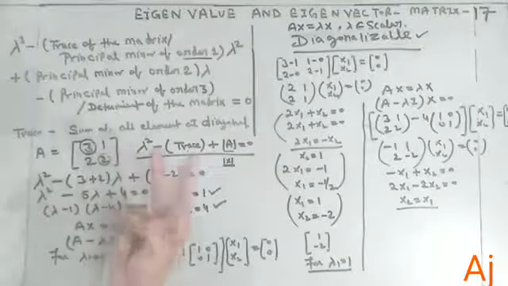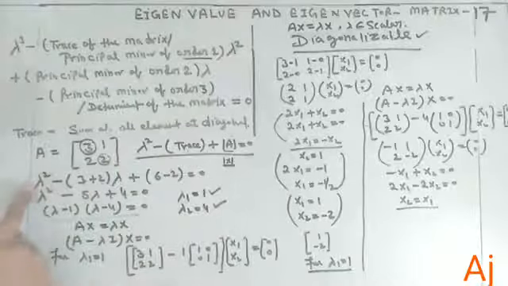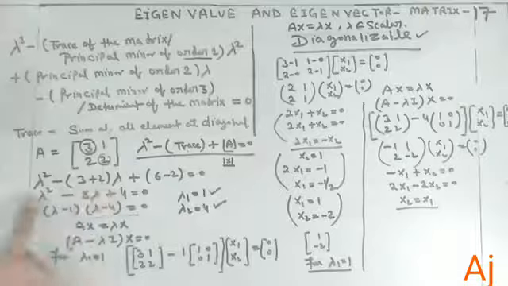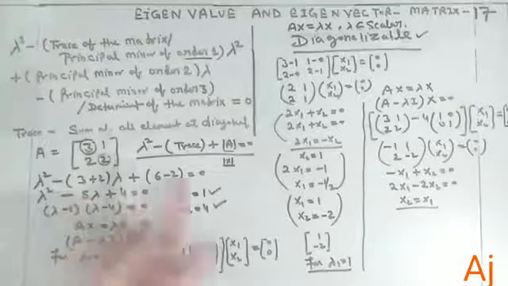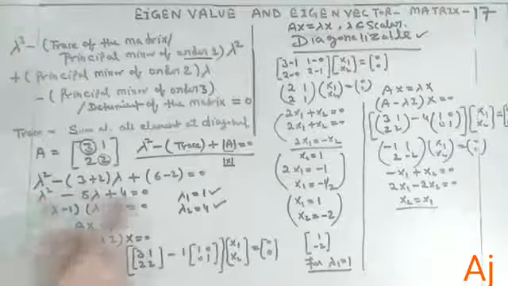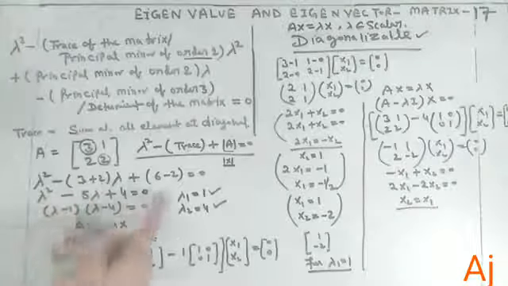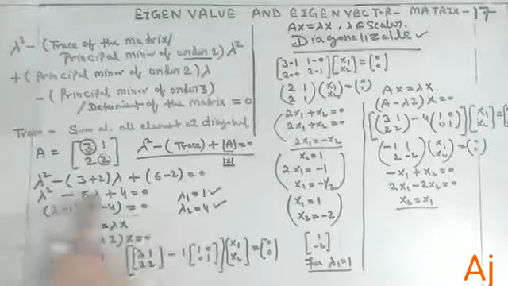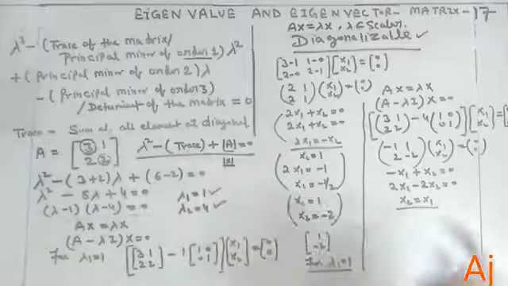There are only two solutions for such a polynomial. Lambda square, this is the polynomial, like x square minus 5x plus 4 is equal to 0. You can write anything; here I have written lambda square minus 5 lambda plus 4 is equal to 0. So there are only two lambda that will satisfy this equation. But eigenvectors are infinite.